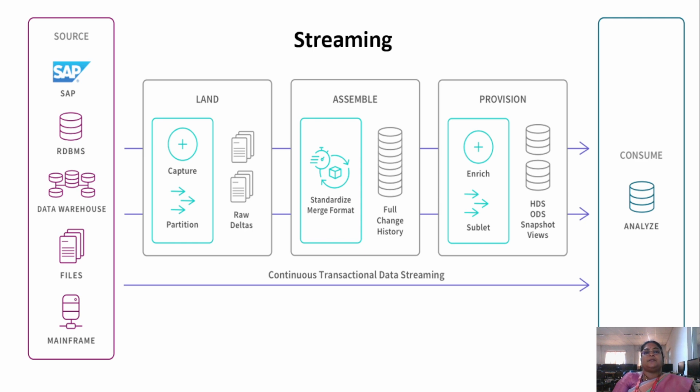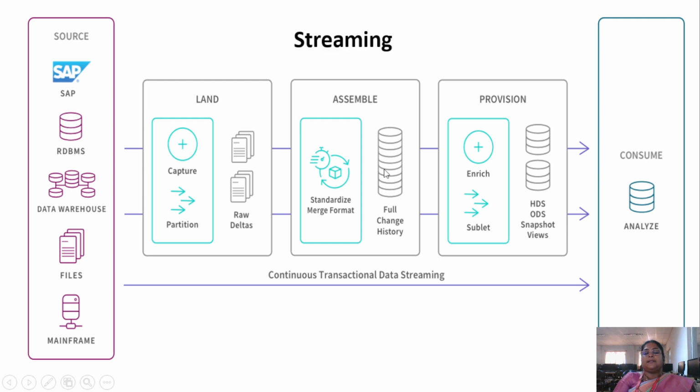Streaming: the best example we all know is YouTube live video streaming. We continuously capture events live and stream them on the OTT platform. The sources will be SAP, RDBMS, data warehouse, files, mainframe systems. It captures and partitions, and the raw data is transformed into continuous transactional data streaming.